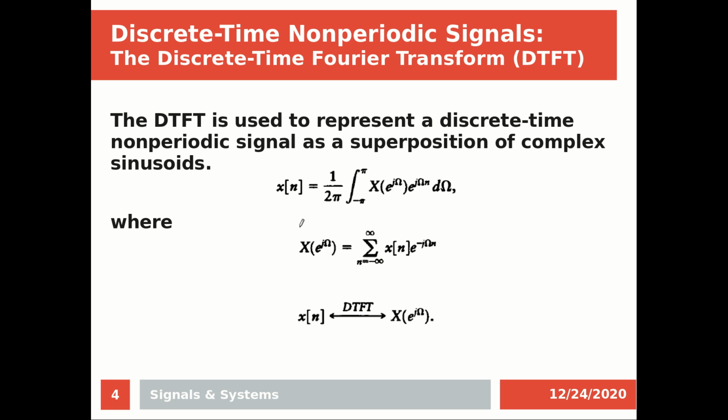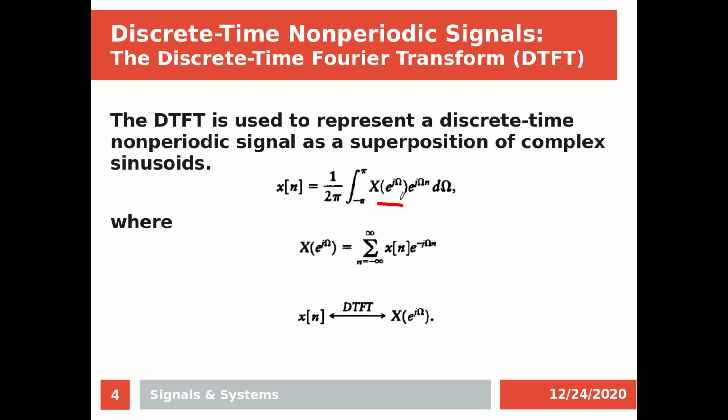So if we have the signal x of n, to find x of n from the frequency domain, we have the frequency domain X of e to the power j omega multiplied by e to the power j omega n. We don't have omega 0 here, and this is an integration with 1 over 2 pi.